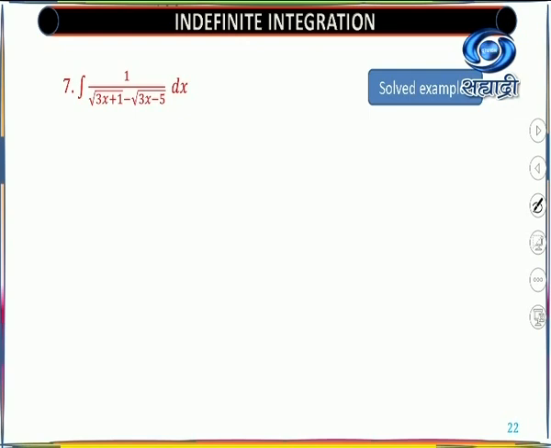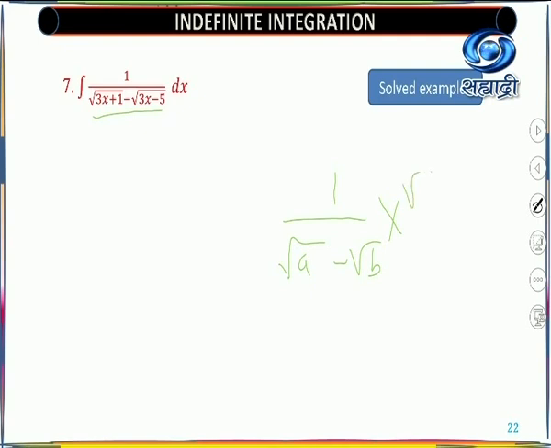Now to solve this problem, you have already studied the rationalization method in 9th standard. So you need to rationalize this function. Rationalize means what? This is your algebraic expression, that is root a minus root b. These are surds. If it is in the denominator, you have to multiply and divide by the conjugate of the function.